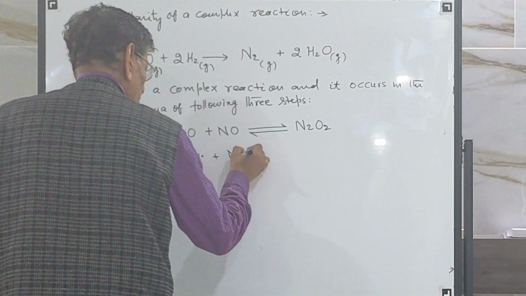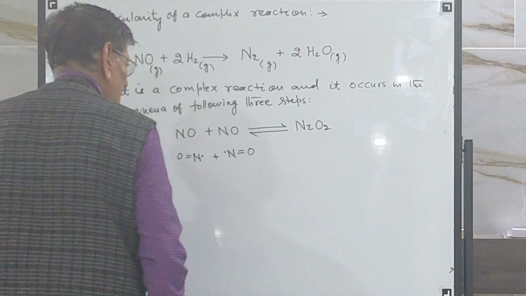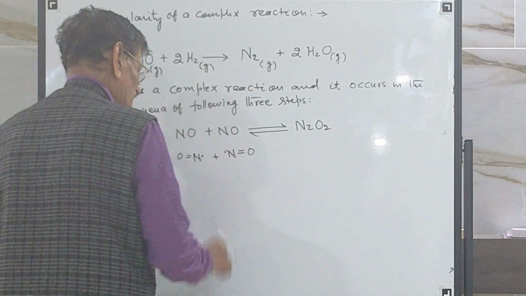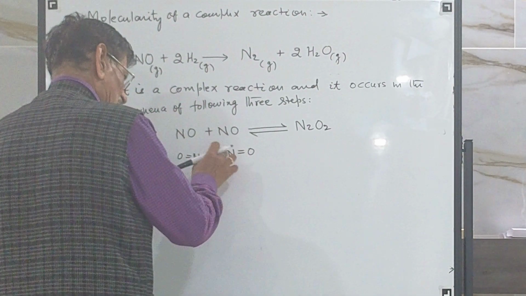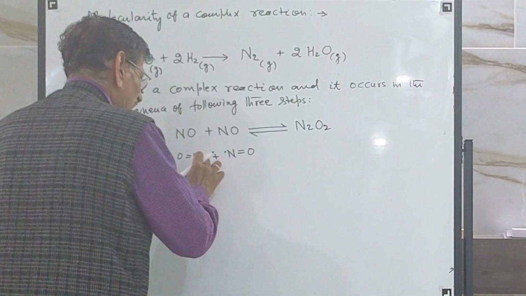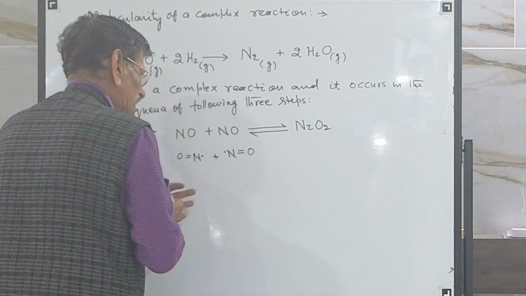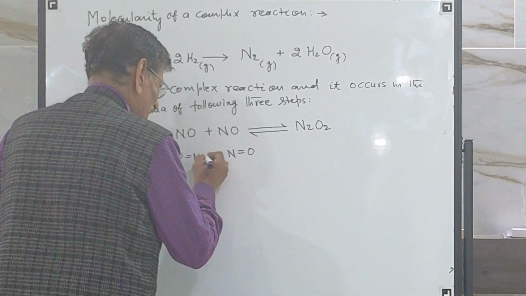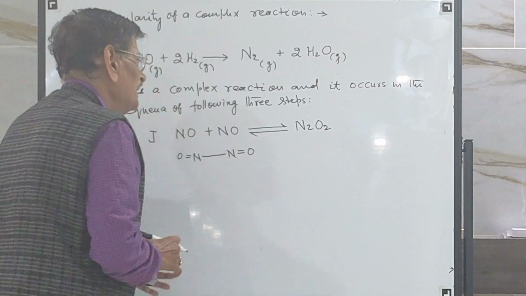Another NO molecule also has one unpaired electron. Now these two molecules, with their odd, unpaired electrons, share them, and a covalent bond is formed between these two nitrogen atoms.